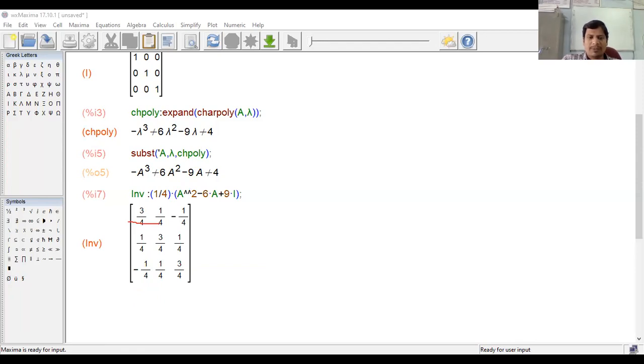That multiplication you do using star, then A double cap of 2 minus 18A plus 81I. Then semicolon. That is the final result. This is the inverse: 2 by 9, minus 1 by 9, 1 by 36, minus 1 by 9, 2 by 9, 1 by 36. Then the last row 1 by 9, 1 by 9, 11 by 36. This is your result, practically.